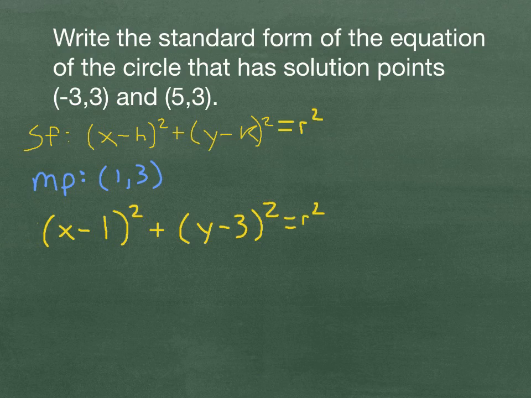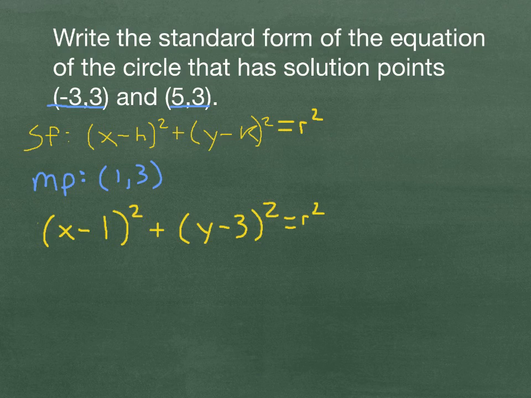So what you're trying to do is solve for r squared. Sorry that I didn't put it before. But now that you have the midpoint inside of the standard form equation, what you do is use one of the 2 points, -3, 3 or 5, 3, and substitute it with the midpoint in the standard form equation to solve for r squared.